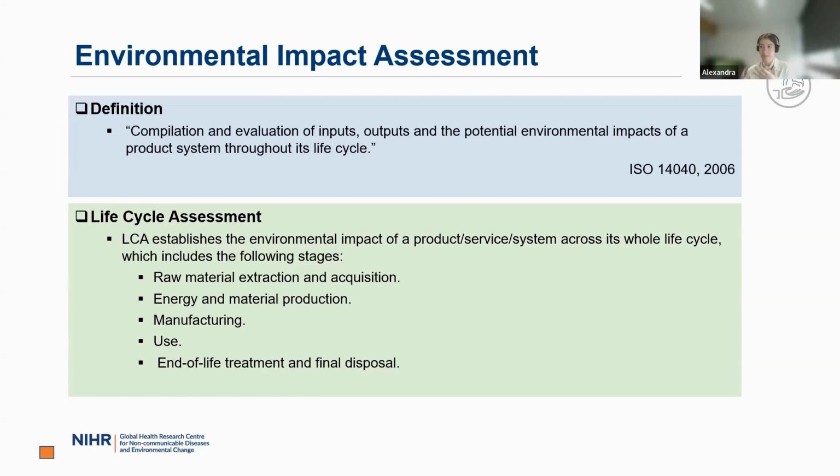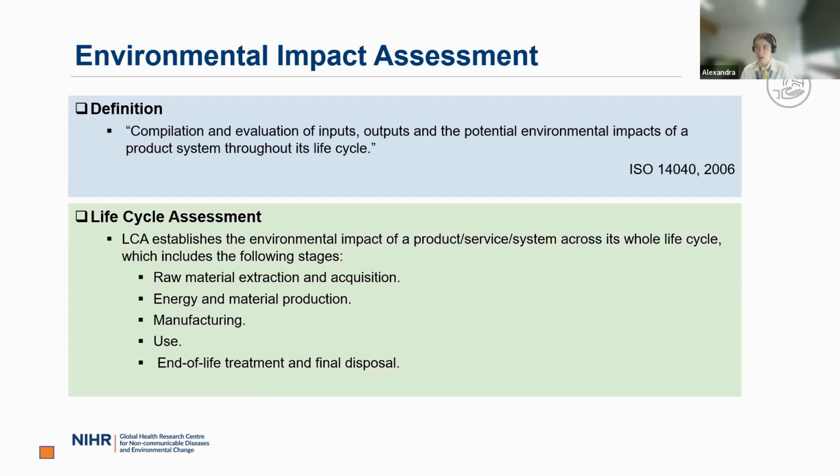Obviously, the more complex the system, the larger the life cycle of the project is, but it is always a very similar approach. Life cycle assessment specifically establishes the environmental impact of a product, a service, or a system across its whole life cycle, or in some cases you can decide to only look at certain stages.